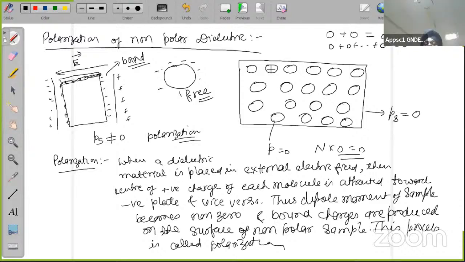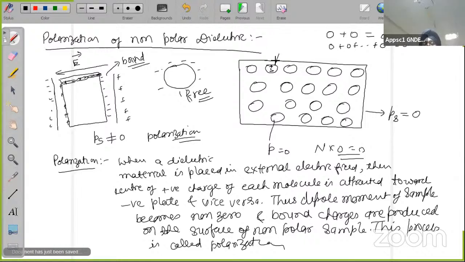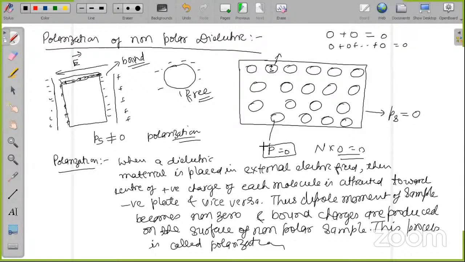Now, these are actually non-polar molecules. So the center of positive charge and center of negative charge will be the same. Can you see? Yes, sir. What is the dipole moment at atomic level? For each individual atom, it will be 0 only. If there are 1 lakh or 1 crore atoms in the sample, what will be the dipole moment of the sample then?